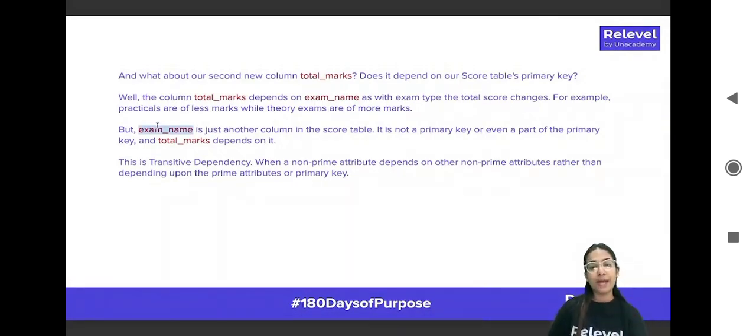It is not a primary key and it is not even a part of primary key, right? And still total marks depends on it. This is known as transitive dependency, when non-prime attributes depend on other non-prime attributes rather than depending on prime attributes.